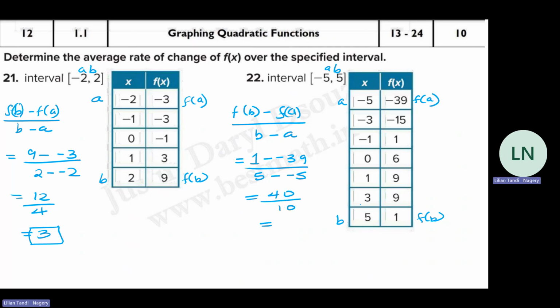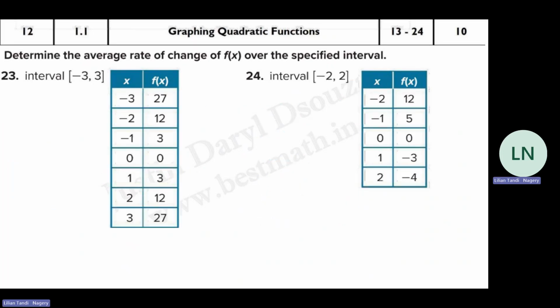That should give us 4. Because this becomes plus, and this becomes plus. Same thing here. That becomes plus, that becomes plus.